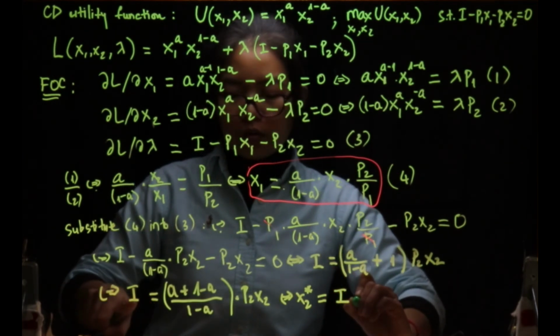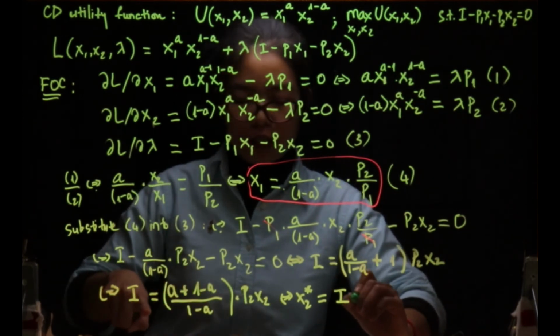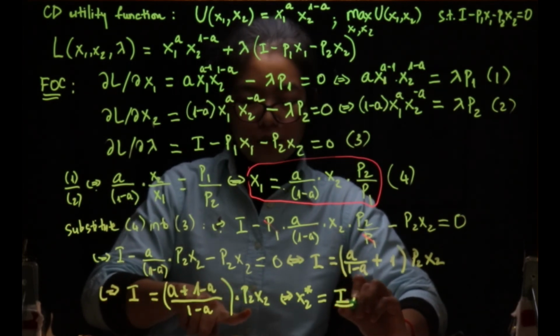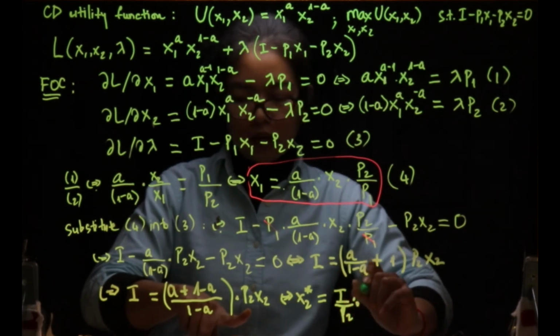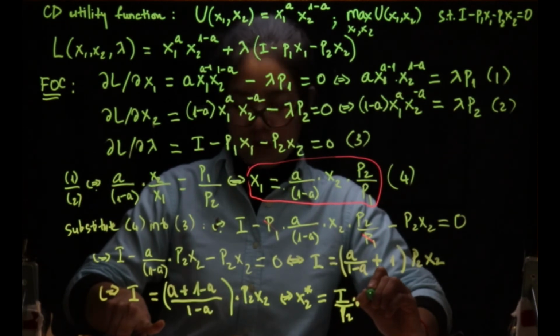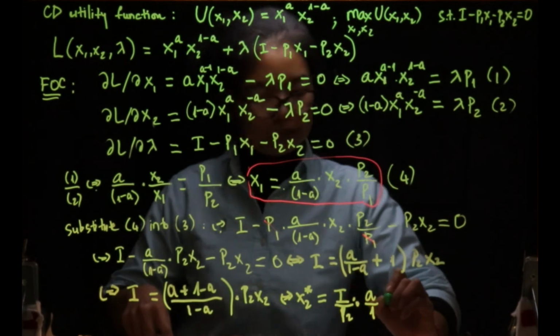So you will multiply both sides by the inverse of it, but before that, divide by p2.